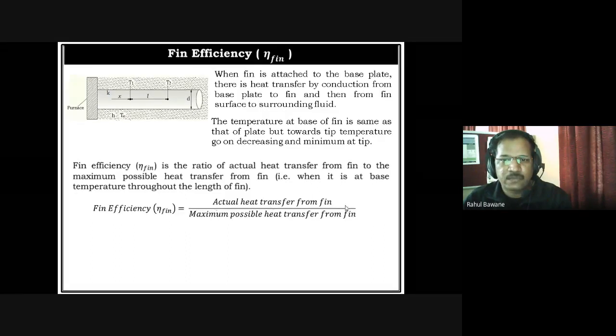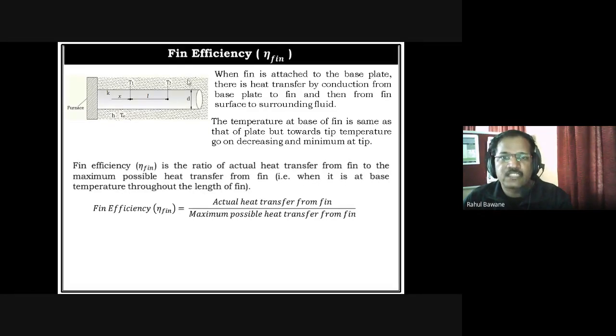Now maximum possible: the fin will transfer maximum heat when we assume the whole fin reaches the base temperature, because in actual condition only the base is at base temperature and towards the tip it is reducing. If the complete fin reaches the base temperature, at every part the same amount of heat will be convected out and it will be the maximum amount.